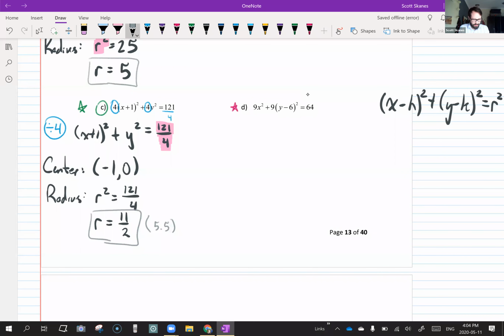Let's do D. I want all of you to give me what the center is and the radius. It should take 1 minute, okay? The only hint I'll give is that you need to divide everything by 9 first. Okay, take 1 minute, try it.